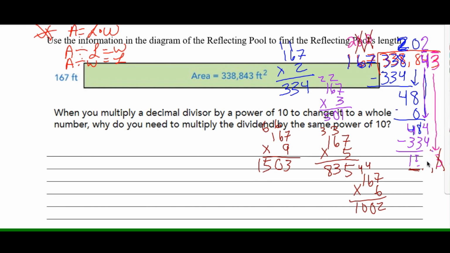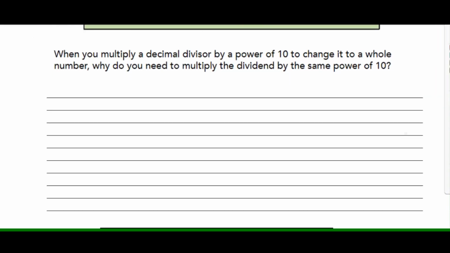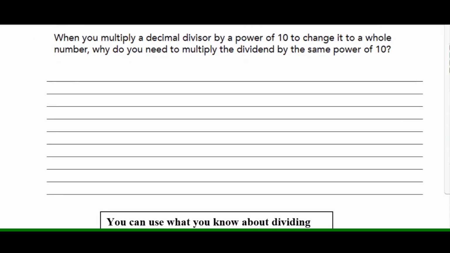So I'm going to go ahead and take these x's off. 167 goes into 1,500 9 times. 9 times 167 is 1,503. And then my number terminates in the ones place. So this is the answer, 2,029 feet.